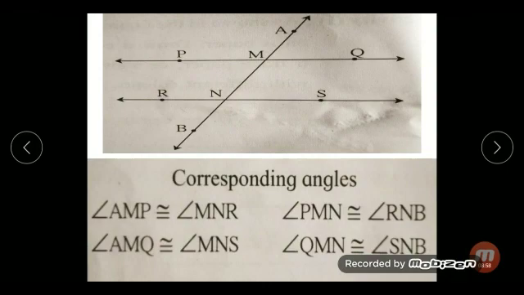Therefore, angle AMP and angle MNR are equal or congruent. Angle AMQ and angle MNS are congruent to each other. Angle PMN and angle RNB are congruent to each other. Angle QMN and angle SNB are congruent to each other.